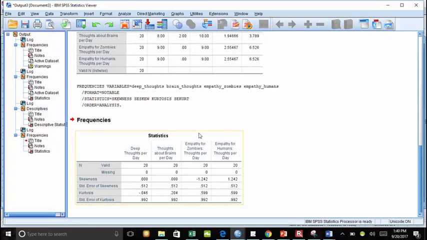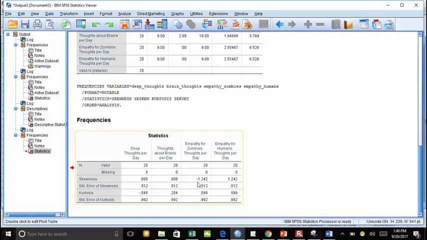And you can see here, empathy for zombies per day, this is a negative number. That's telling us that we have a negatively skewed distribution.